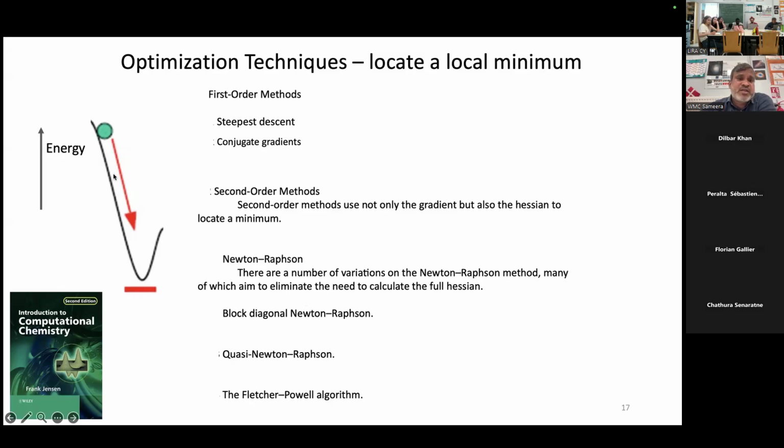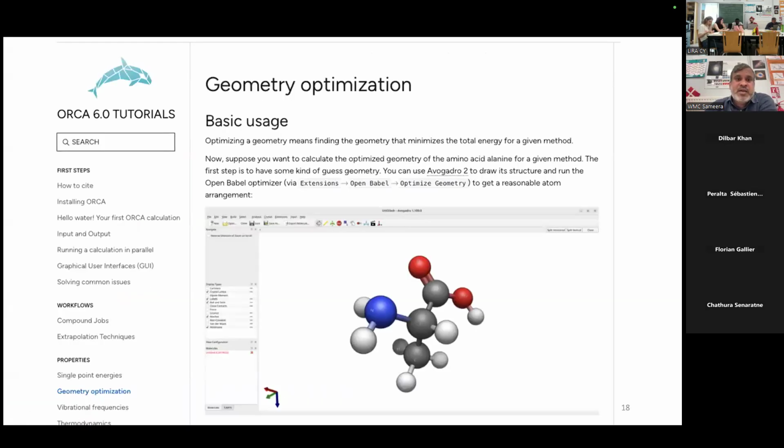These methods calculate energy, gradient and Hessian, and all this information can be used to efficiently push the structure towards the local minimum. So in the tutorial, our first step would be to optimize the molecular structure and find a minimum. And now we can move to the first task, which is geometry optimization.